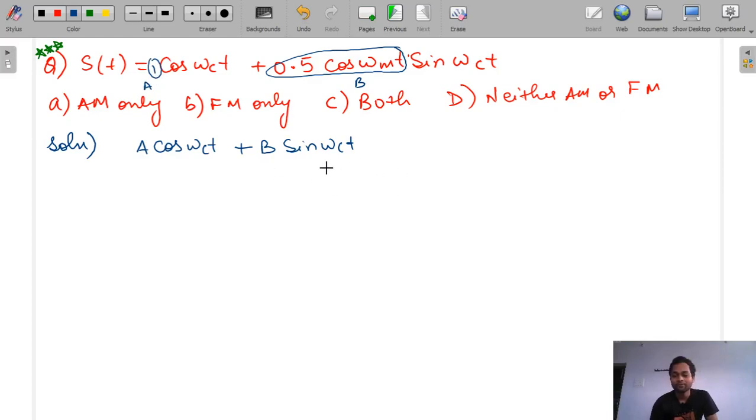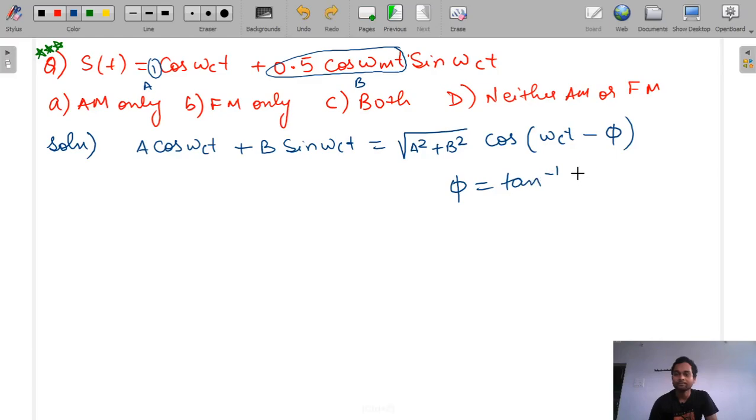If it is given in this form, then using the trigonometric identity, this can be simplified as the magnitude square root of (A square plus B square) into cos(omega_c t minus phi), and phi is equal to tan inverse of B by A. So we will use this formula. Our s(t) will be under root of A square plus B square.